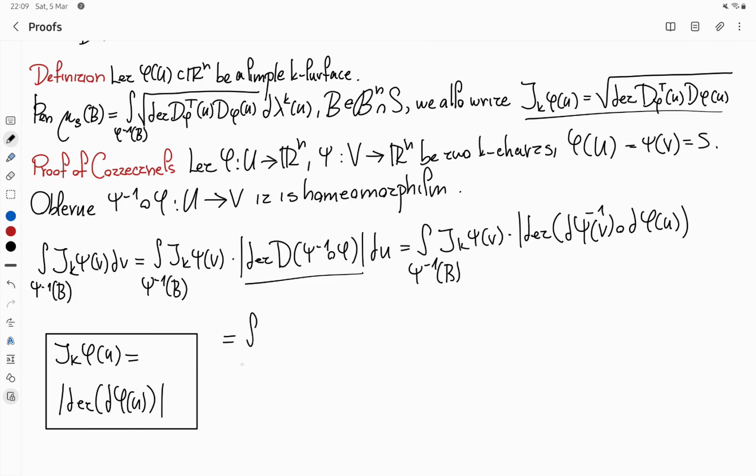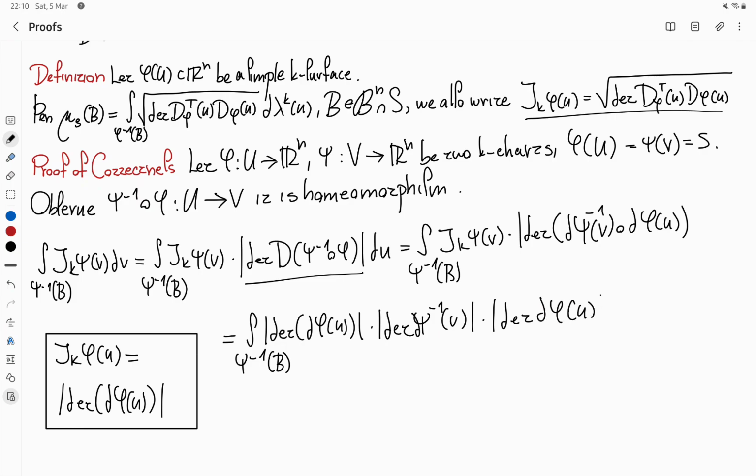So we put this equal to the integral over the preimage of B under psi. Now we have the determinant of d phi u times the absolute value of the determinant. We split it: the absolute value of the determinant of the inverse psi of v times the determinant d, of course, of phi of u.